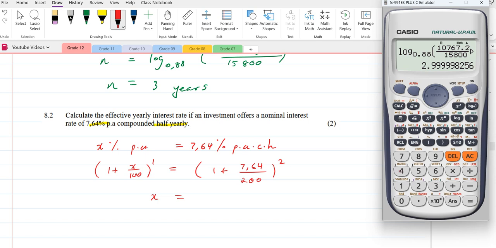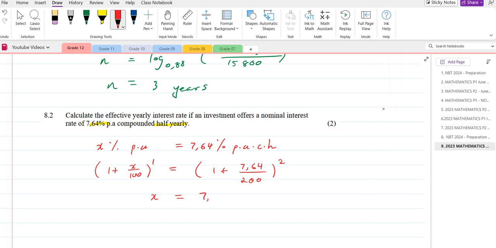So 1 plus 7.64 over 200, squared to the power 2, minus 1 and multiplied by 100. So I've got an answer of 7.79%. Right, so that's your effective yearly interest rate.